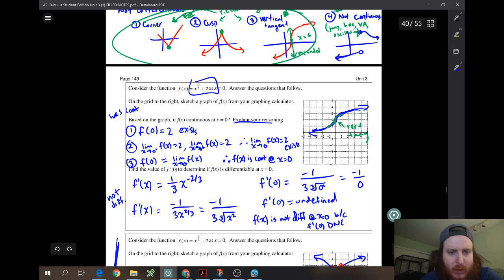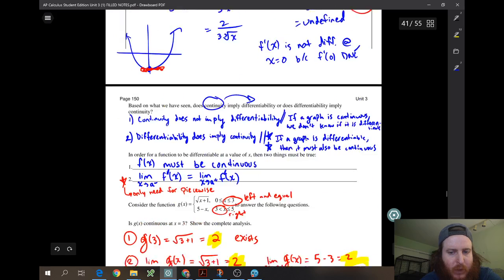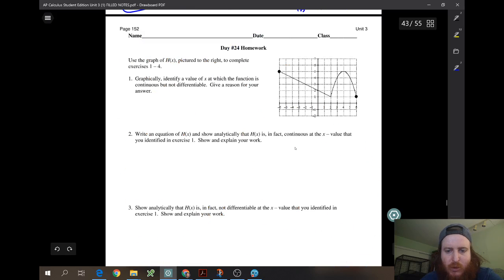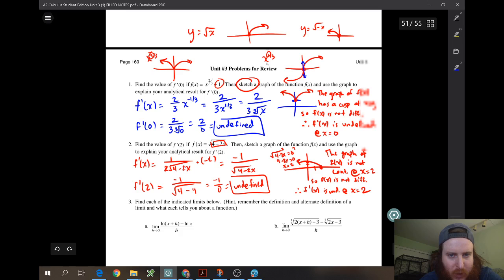Then to the 1/3 power, that's going to be because of that vertical tangent line. And then a 2/3 power is going to be a cusp. So you need to know those 3 graphs for our exam, and I would review them. Okay, square root, not continuous; 1/3 root, vertical tangent; 2/3, cusp.